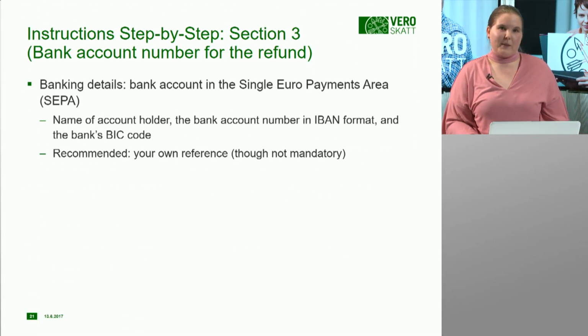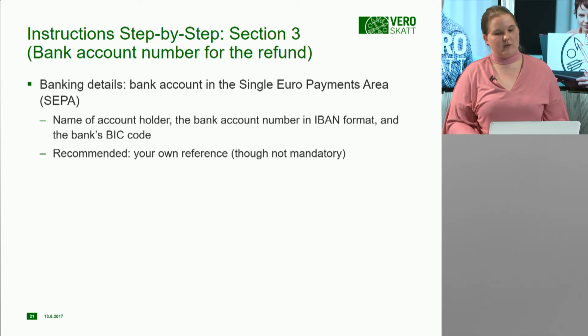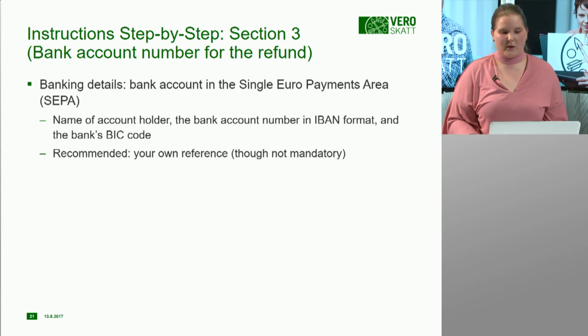Section 3, the banking details. We have a bit of different instructions depending on whether the account itself is in the single euro payments area or outside it. So first of all, for accounts within the single euro payments area, what we need from you is the name of the account holder, the bank account number in IBAN format, and the bank's BIC code.